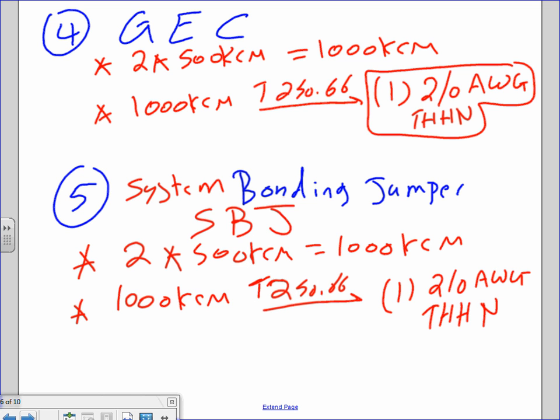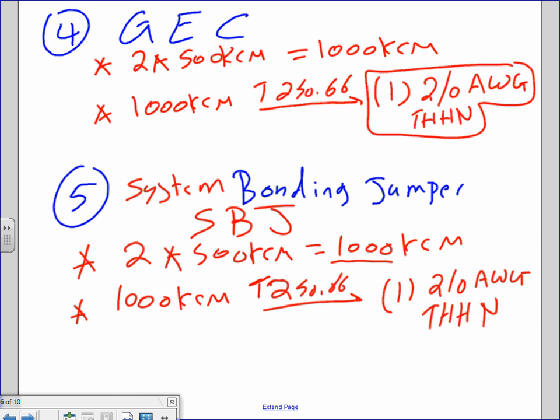I want to remind you guys for the system bonding jumper, if this number that you came up with is more than 1100 kcmil copper, then you have to start multiplying this number by 12.5%.